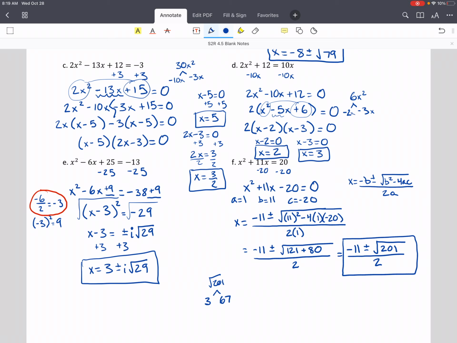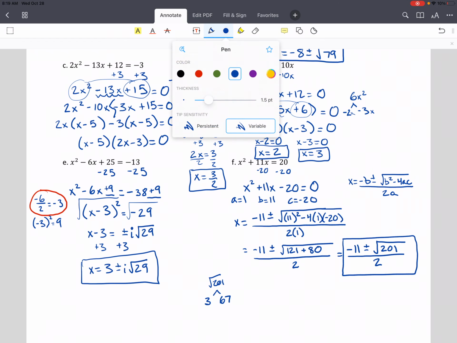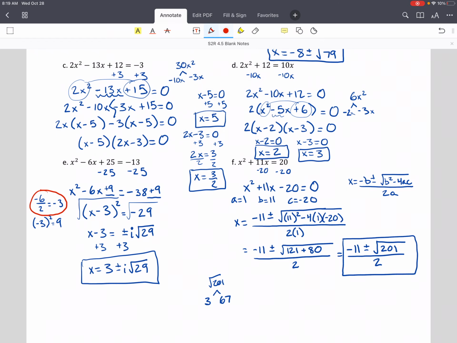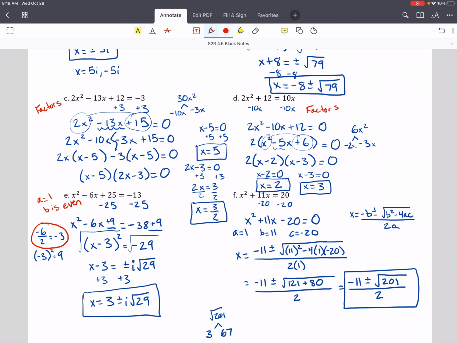Okay. I hope this was helpful to know which method to use. And I'm just going to write down once again, maybe I should have done this as I went. This one factors, so I factored it. This one, a was equal to 1 and b is even.